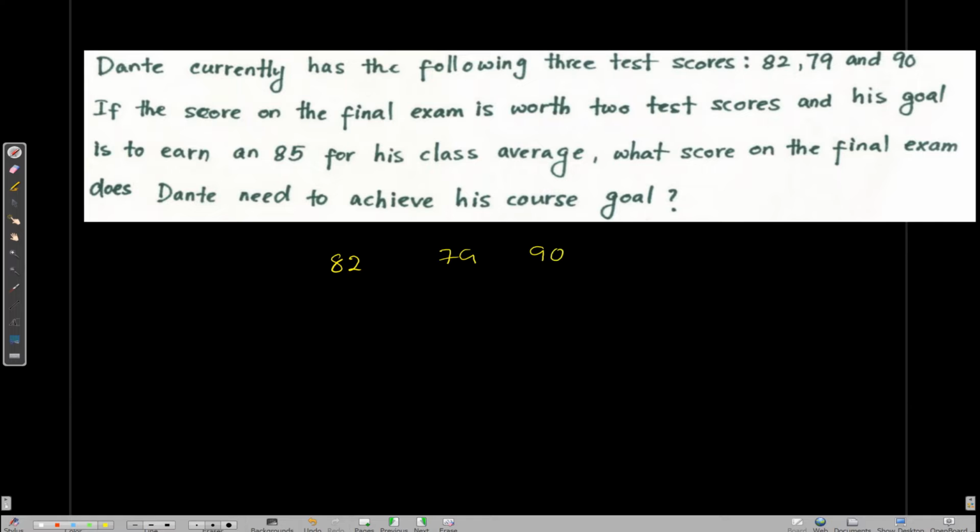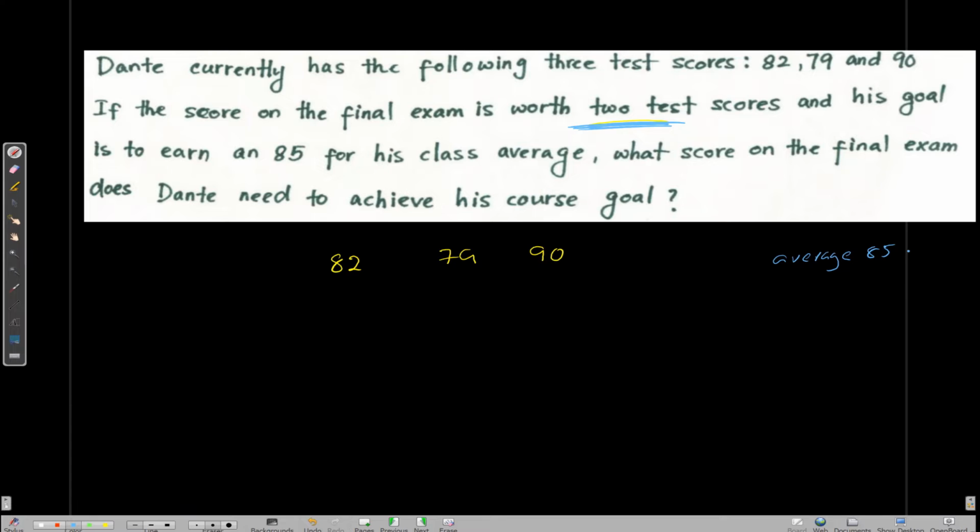And the score on the final exam is worth 2 tests. See, 2 tests. This is important. And his goal is to earn an 85 average. So, average 85. What score on the final exam does he need to achieve for this goal?